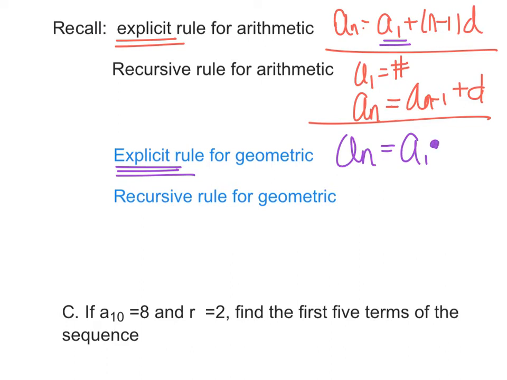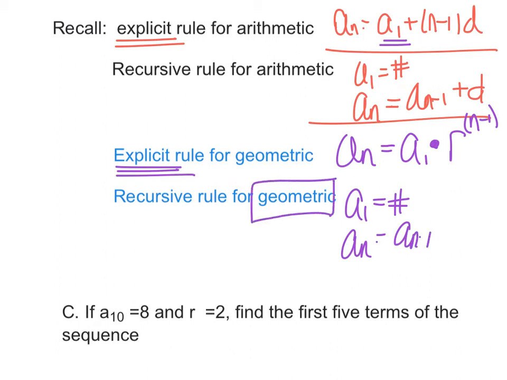So we use a times sign. And what are we multiplying by? We're multiplying by the ratio, and that's raised to the n minus 1. Now again, recursive, they're not going to give you, so you do have to memorize. You're always going to say, I need the first term. And then I'm going to start with the previous term, a sub n minus 1. And again, just common sense, geometric means to multiply by the ratio.